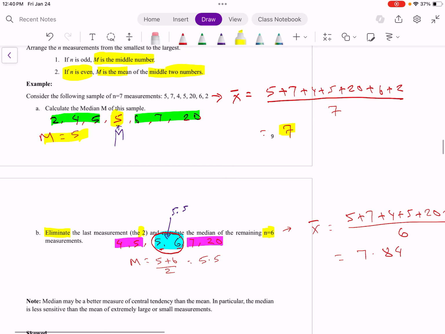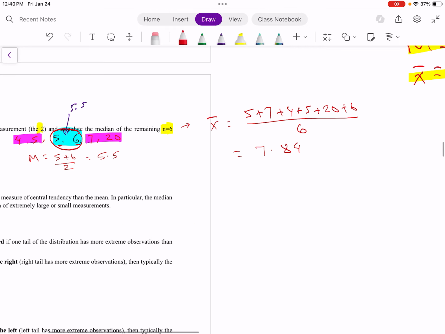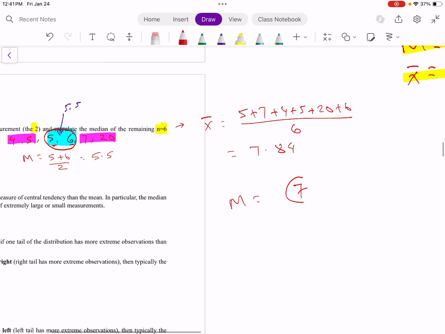Now once we know 5 is the median, what would be your imagination for your data set? Let me take a different example: your median for 7 measurements is 3. The median is 3. Now can you imagine the 7 data values?